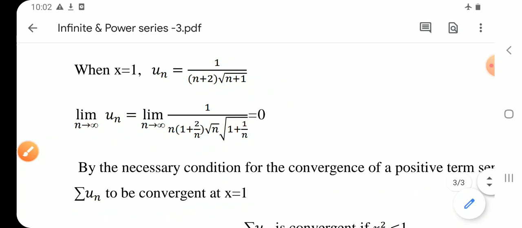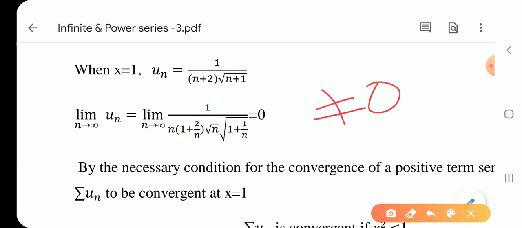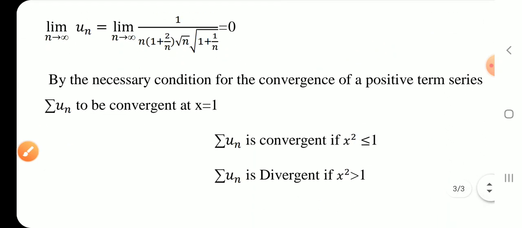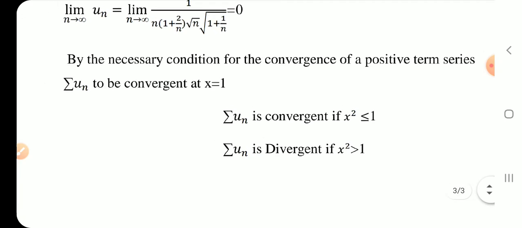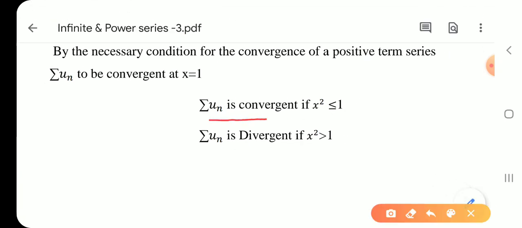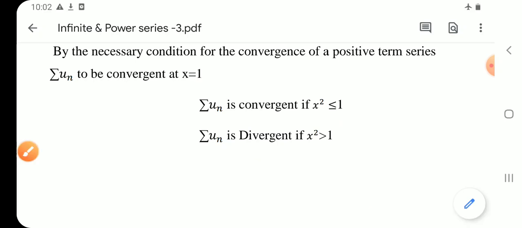If it is not equal to 0, then the series sigma un is divergent. So finally, we will consolidate it and write it as sigma un is convergent if x square is less than or equal to 1. Sigma un is divergent if x square is greater than 1.